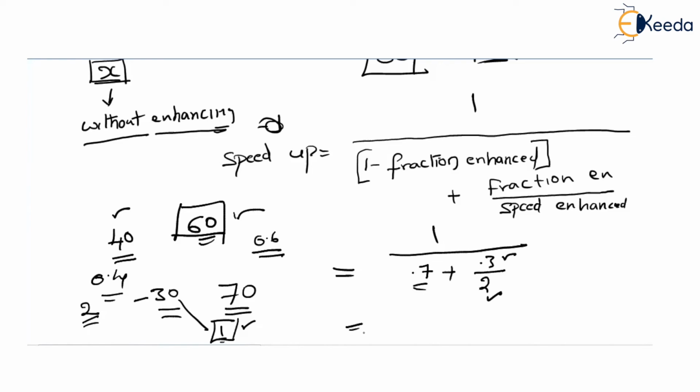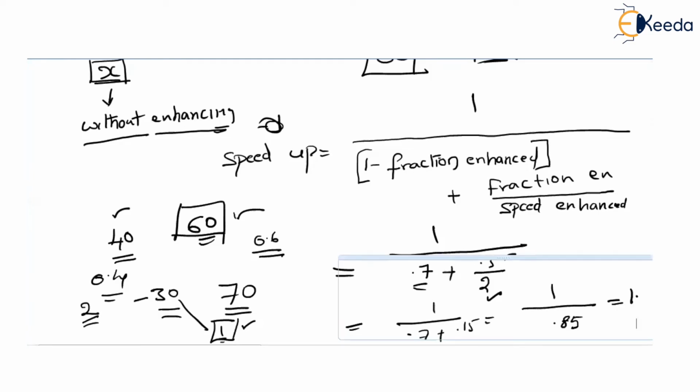So speed up can be calculated as 1 divided by (0.7 plus 0.15). That is 1 divided by 0.85. So the total speed up that has been gained out of this system, after implementing a few techniques, is 1.18 precisely.